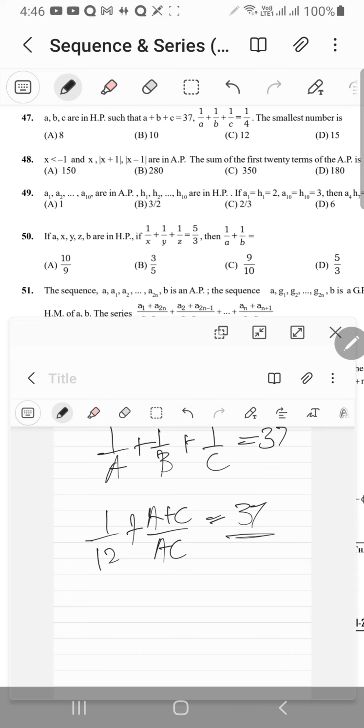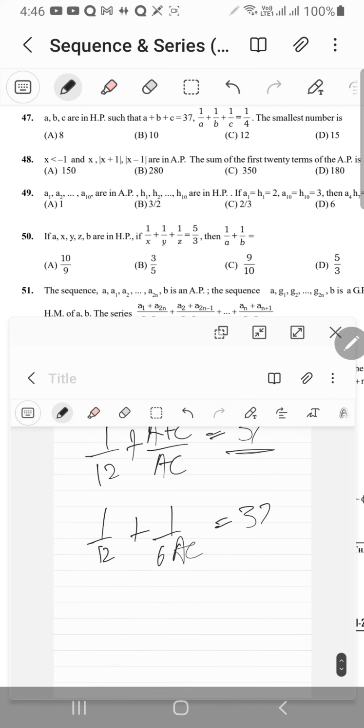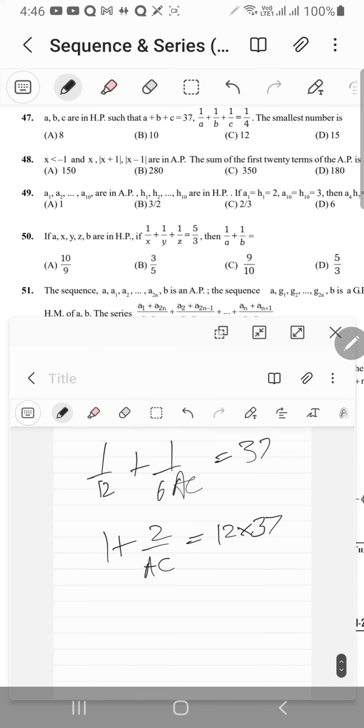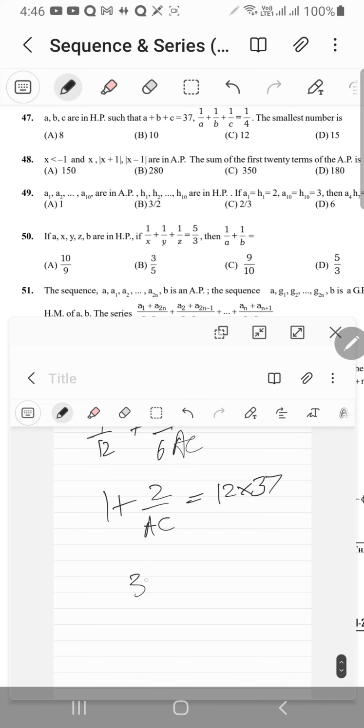But A plus C is 2 times 1 upon 12. That will be 1 upon 6. So 1 upon 12 plus 1 upon 6 AC, that thing is 37. That makes more sense, of course. Let's multiply this thing by, I don't know, 12. 1 plus 2 upon AC equal to 12 times 30. You still have to multiply this. That's too bad, but gotta do it. So 37 times 12.